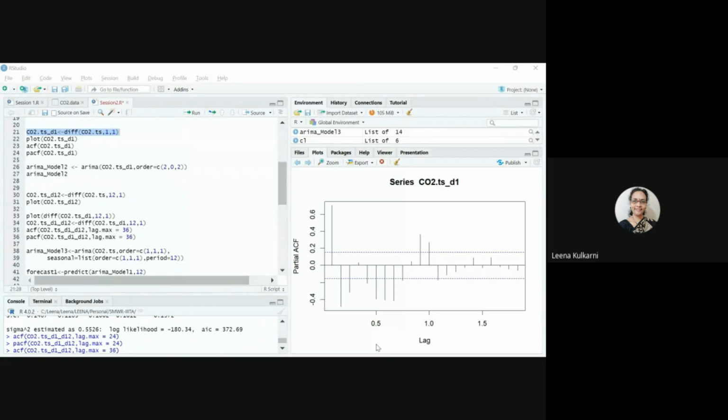When computed from the data, suppose we want to compute the correlation of lag 1, it will use y1, y2, up to yn minus 1 as one series and y2, y3, up to yn as another series, so that the difference in the lags is k. Are you able to visualize this, or do you want me to write it somewhere?